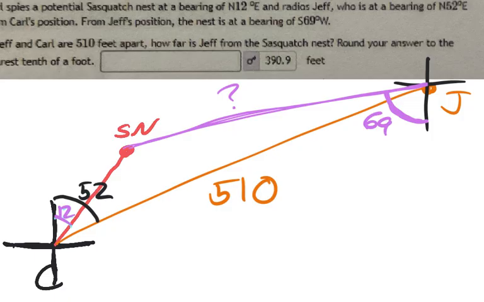Do I know any of the angles in that triangle? Not yet, but I can find them. 52 minus 12 would give me this angle. This angle right here has to complete to be 52, which means this angle has to be 40. Is everybody okay with that?